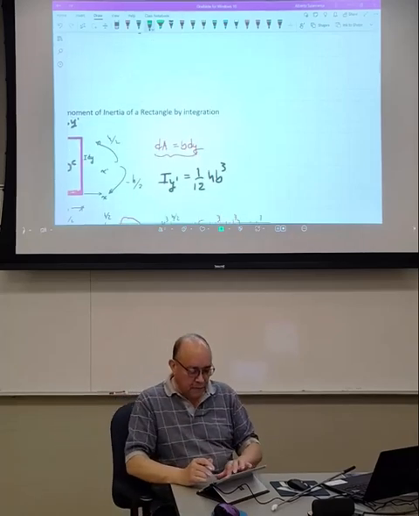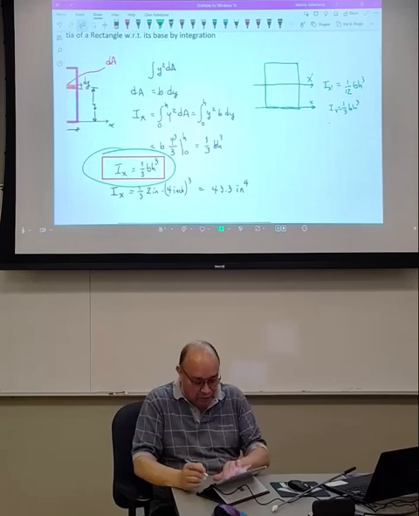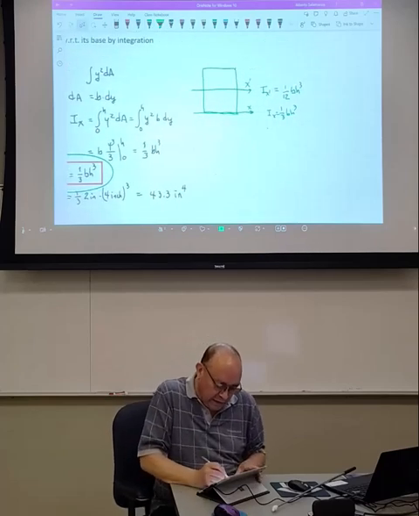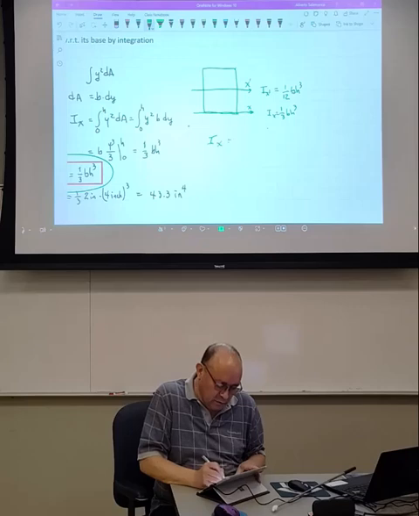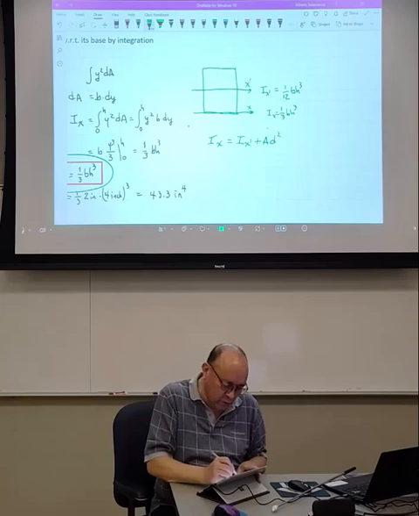Okay. So we're going to do it not by integral, but using that equation. We know that Ix is equal to Ix prime plus A d squared. That's the equation that we just found.